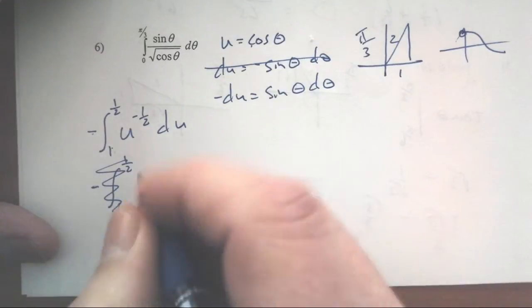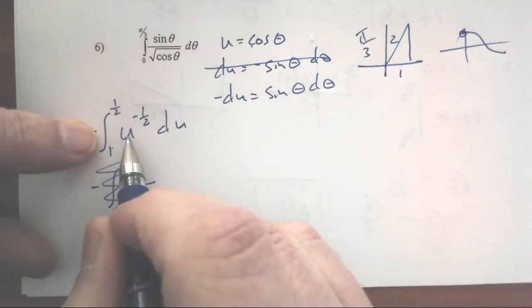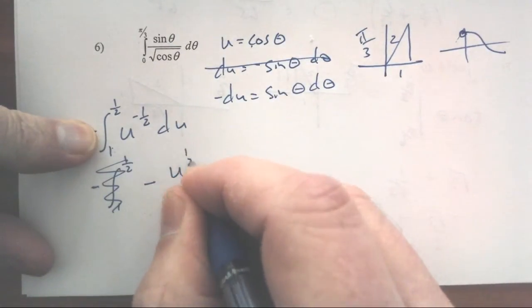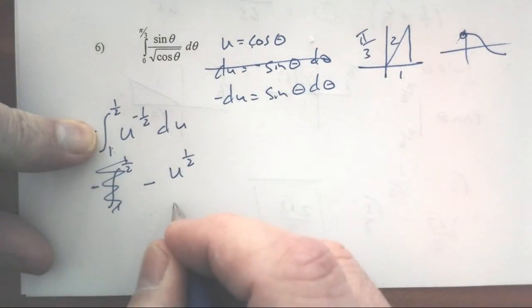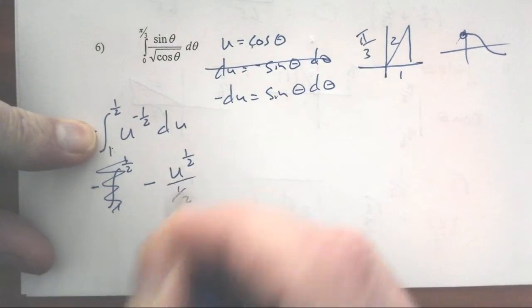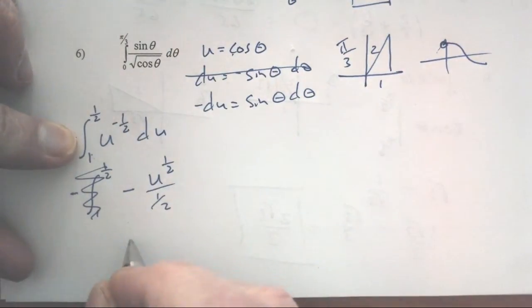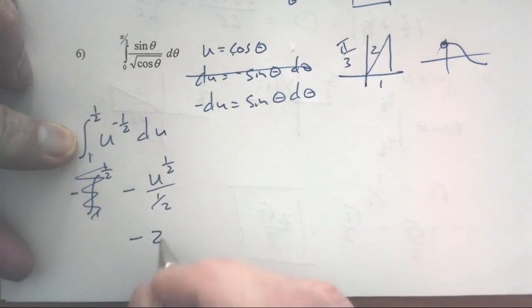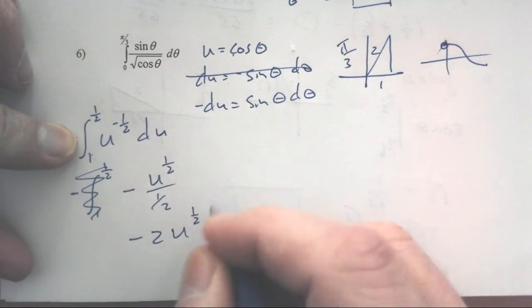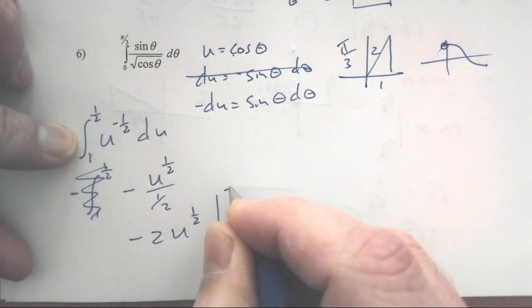Hang on, let's integrate. We get the opposite of u to the 1/2 on 1/2, but on 1/2 is negative 2 u to the 1/2, and we're integrating from 1 to 1/2.